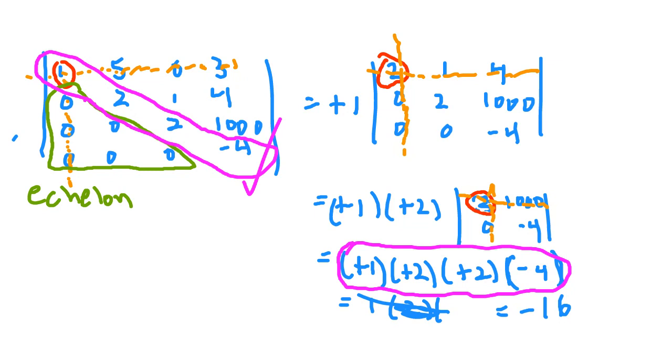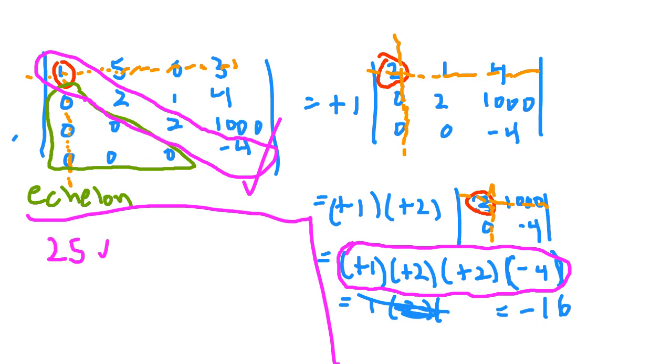Okay, and so let's say that you used cofactor expansion on a 25 by 25 matrix. Let's say that we had a computer that performed 1 trillion multiplications per second.